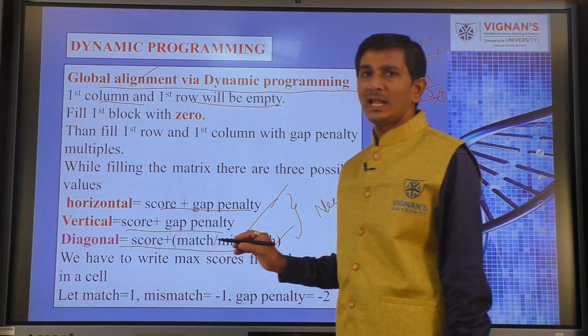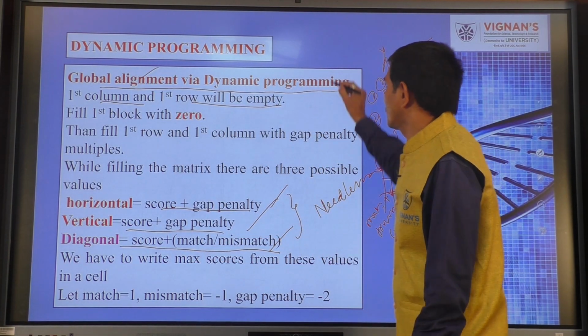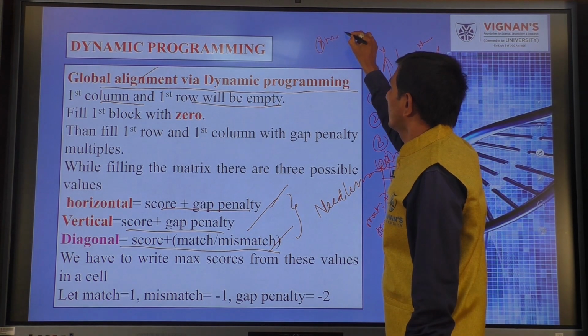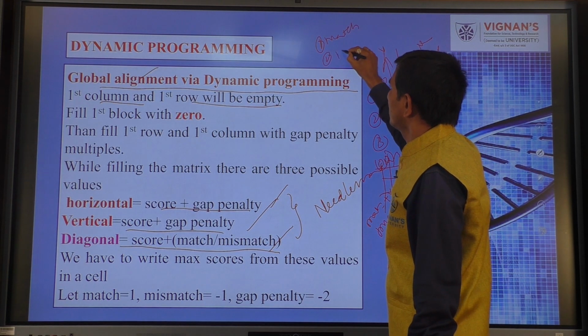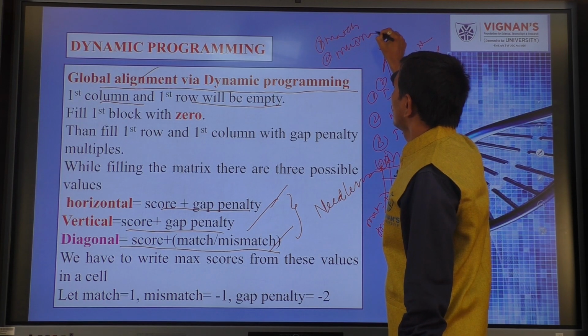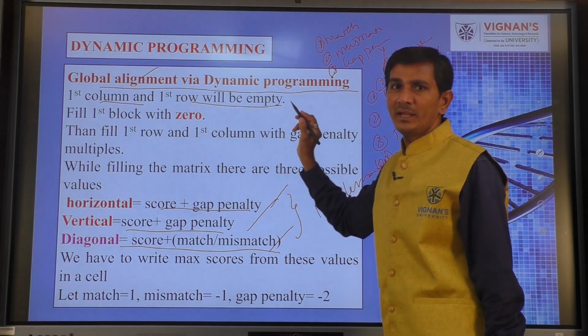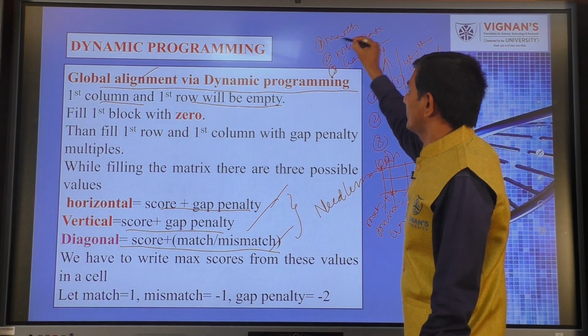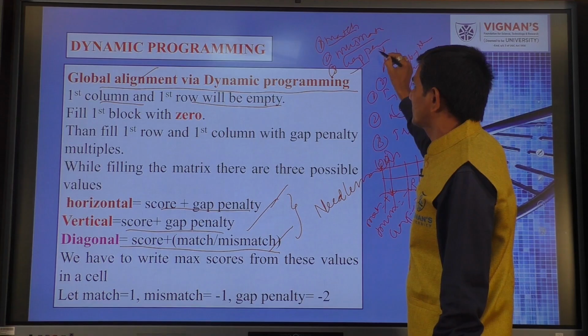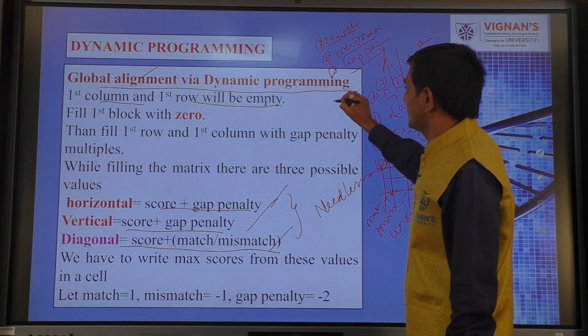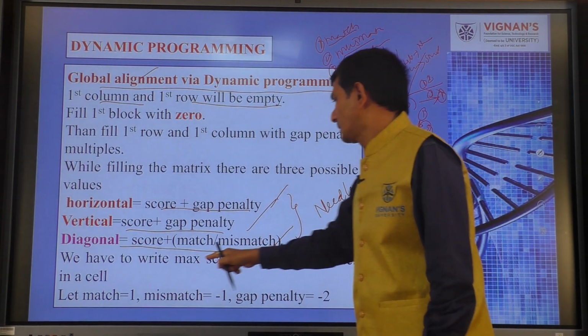When do we call an alignment the ideal alignment? If we are able to show a match, a mismatch, and a gap. An ideal alignment is one which has matches, mismatches, and gaps. This is possible only through the diagonal.